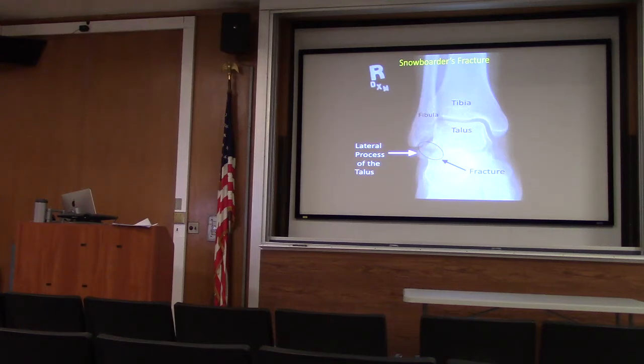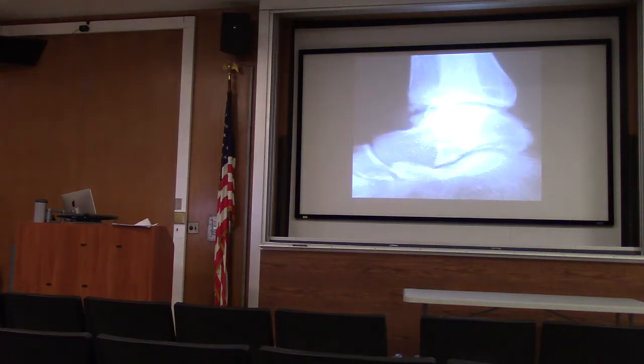The way this happens is that you're planted everted, and then you have forced dorsiflexion. That causes this fracture of the lateral process of the talus. And on the lateral view, you can get this V shape right here, and that's very suggestive of a snowboarder's fracture or a lateral process fracture of the talus.